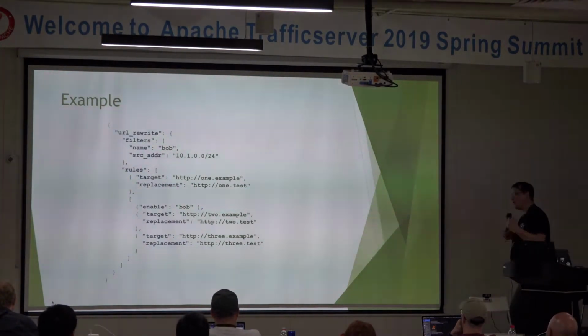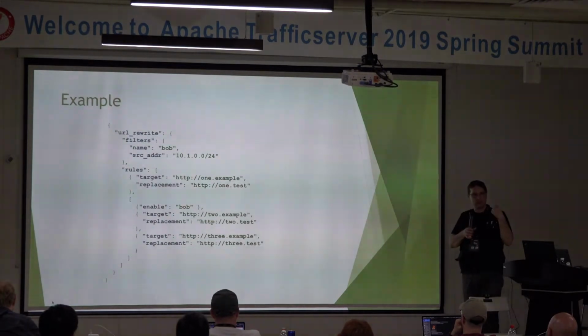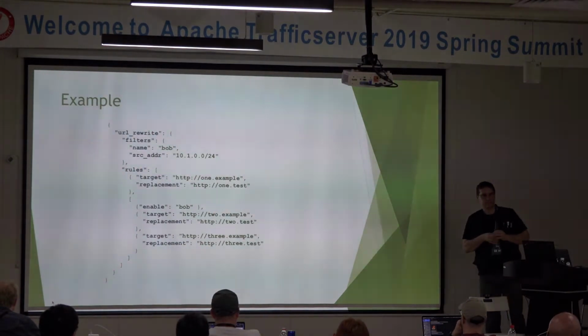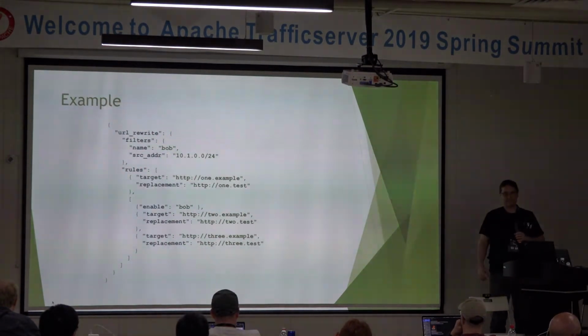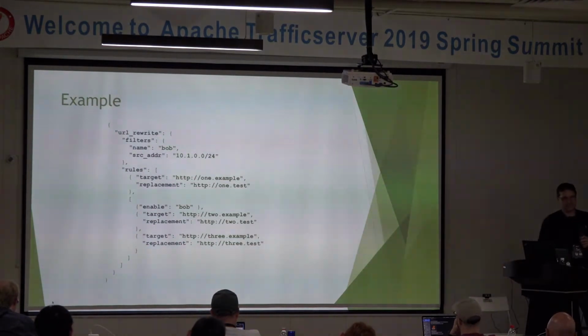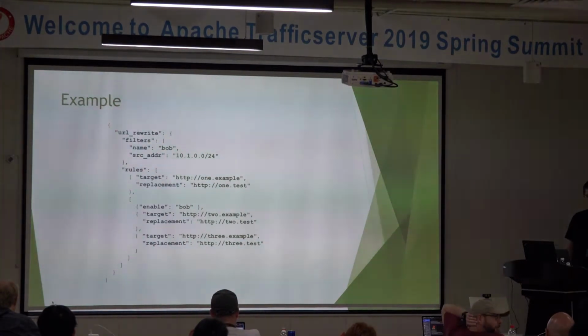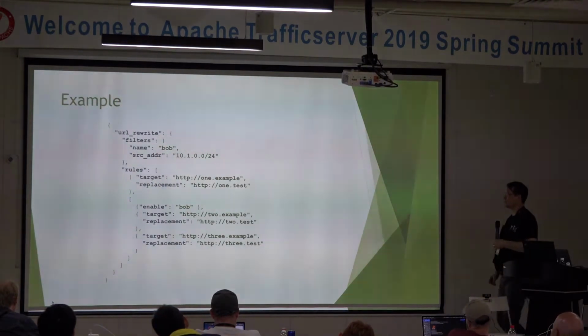So in a current remap, you can define filters, you can use filters, you can enable filters. All of that is in the current remap config. That's what the documentation says. So there's ways you can name these things and call it.